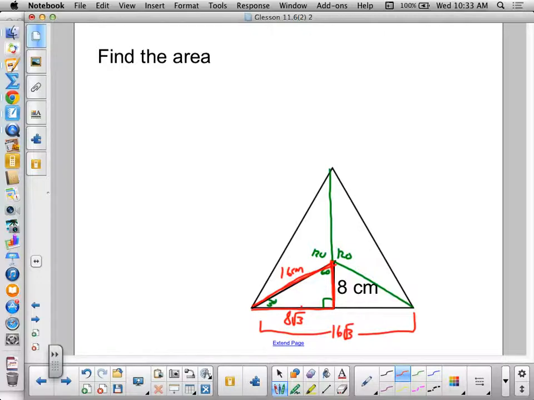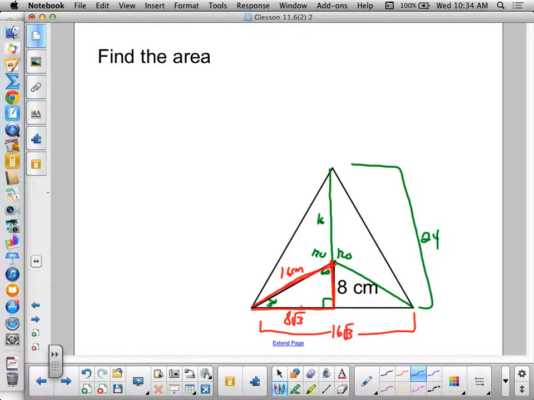I could do it a number of different ways. I could just do the whole triangle base times height divided by 2, because now I know the height. I mean, this is 8. The radius is a constant, so this is 16. The height of this triangle is 8 plus 16, or 24. So I could take base times height divided by 2, and that would be the area of the triangle.